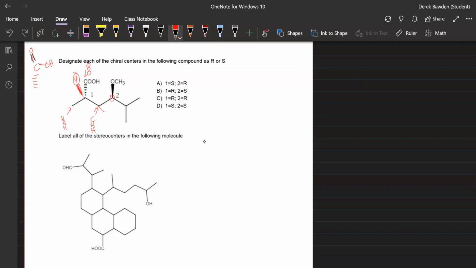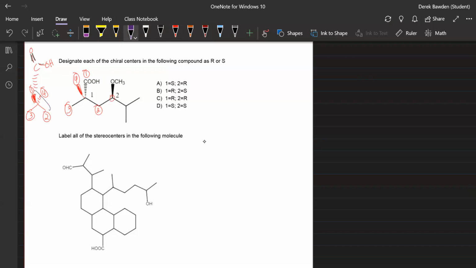Okay, so now we can prioritize these. We know oxygen is highest priority, so that's number 1. This is going to be our number 2 and our number 3. We come out here because our number 4 is not in the back, and we move it to the back. Now our number 1 is going to be on a wedge.